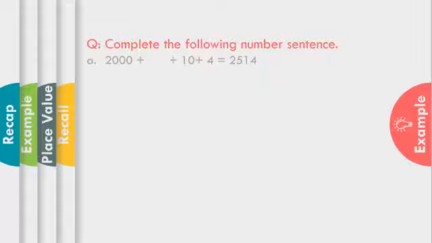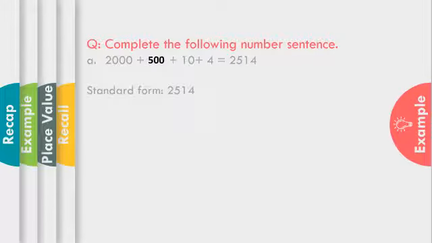As you see, 2 is on thousands place, so I write 2000 plus. Now let's check the hundreds place digit. On the hundreds place it is 5. So what comes here? 500. Then on the tens place it is 1, so we plus 10 in it. Then on the ones place it's 4, so we add 4 in the last.